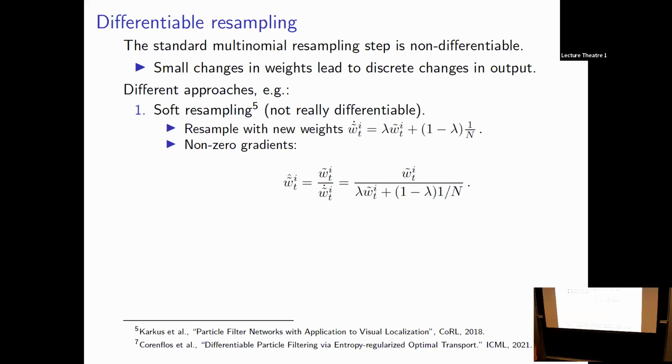And the different approach, actually the first one I would say, tricks to deal with this. So the first one is that you don't directly resample based on the actual true normalized importance weights. You resample according to an interpolation between your true normalized weights and a uniform distribution.